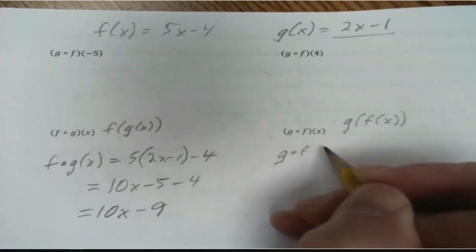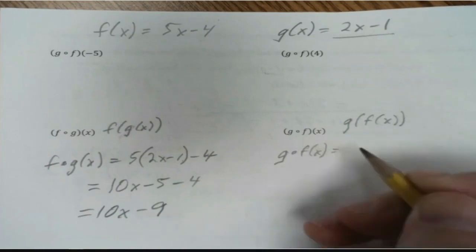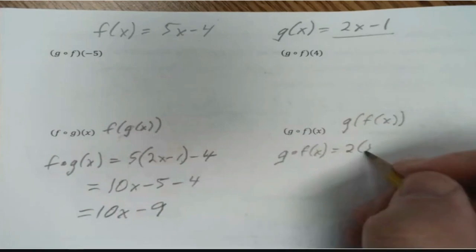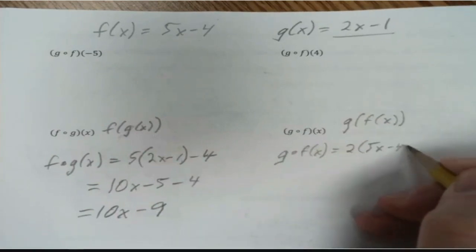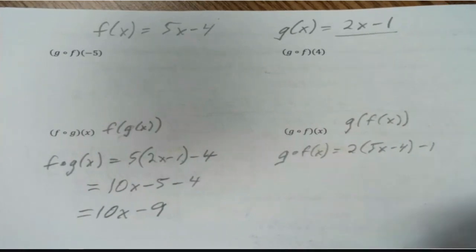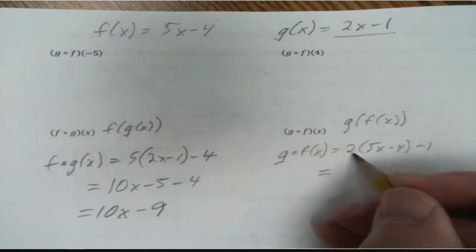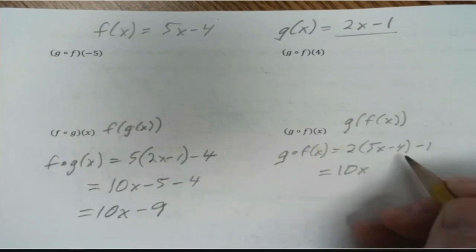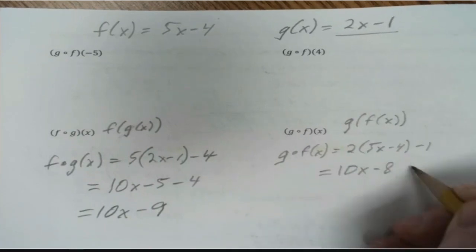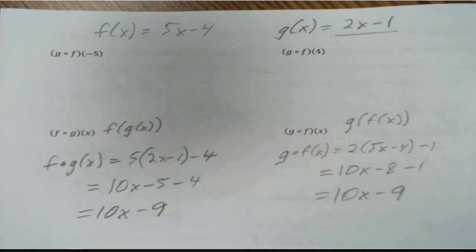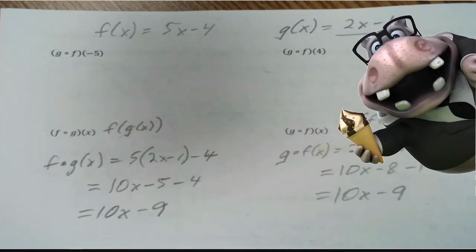G of f of x equals 2 times, here's f of x, we're substituting it in, minus 1. Okay, substitute it in. 2 times 5x is 10x. 2 times negative 4 is negative 8. And then minus 1. Look at that. One of those rare times when it equals the exact same thing.